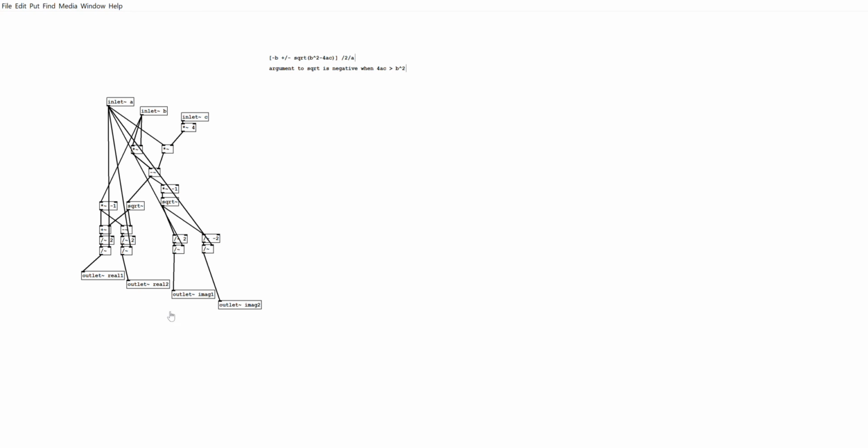And we have a pair of roots here, which means that when we invoke this roots patch, we're going to probably be using it with a pair of either complex poles or complex zeros.